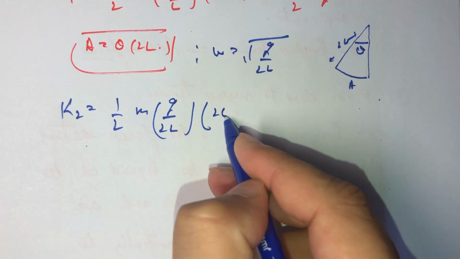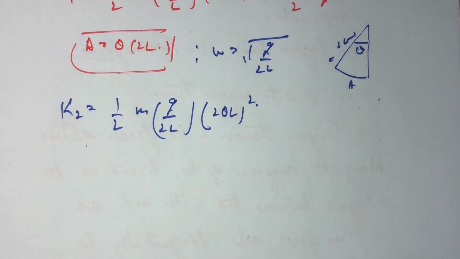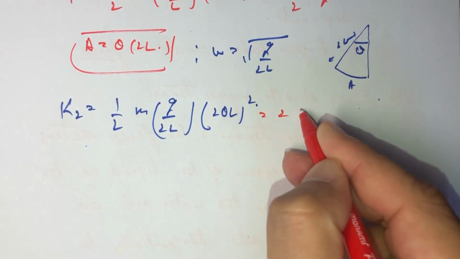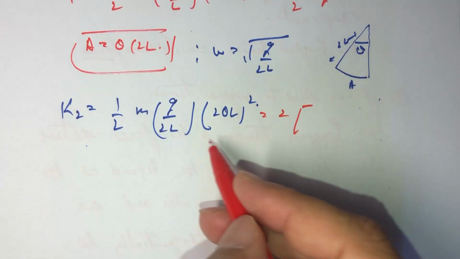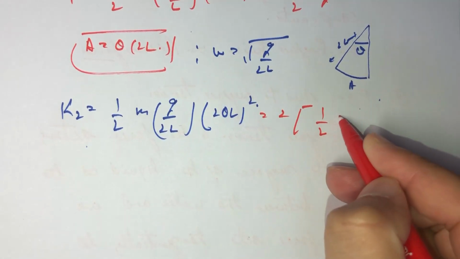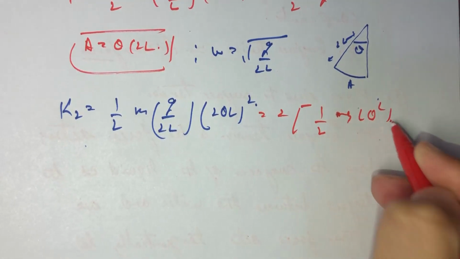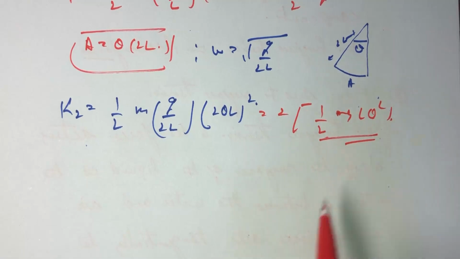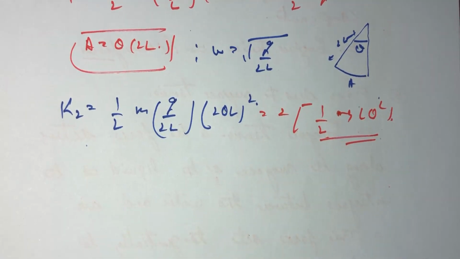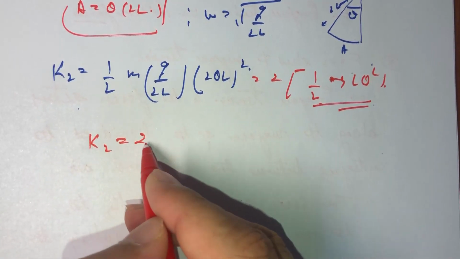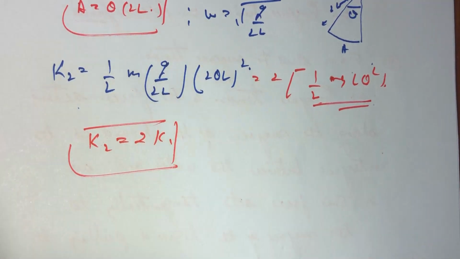So K2 is half m, g upon 2L, times 2 theta L whole square. This comes twice and becomes half m g L theta square, and this is nothing but our K1. So we get K2 is equal to twice of K1.